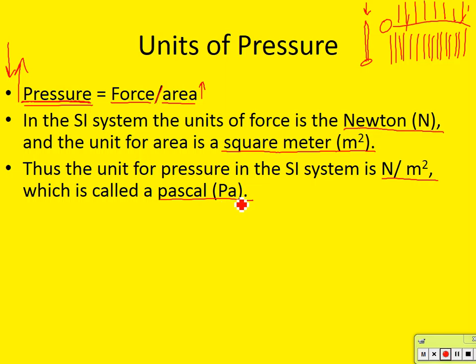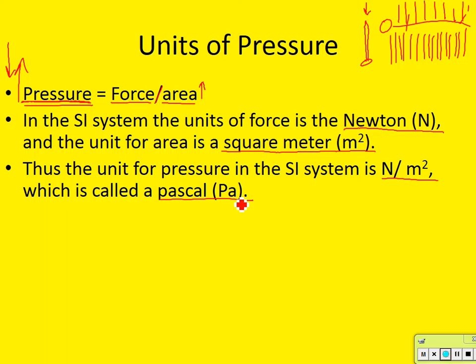So Pascal is another unit of pressure that you will see in this chapter. So let's review. Which ones have we talked about so far? Pascal, atm, which is standard atmosphere, millimeters of mercury, and torr. So there's 4 of them, but are there more?